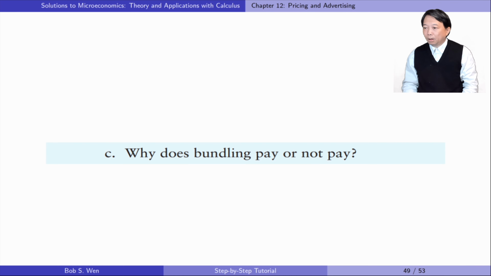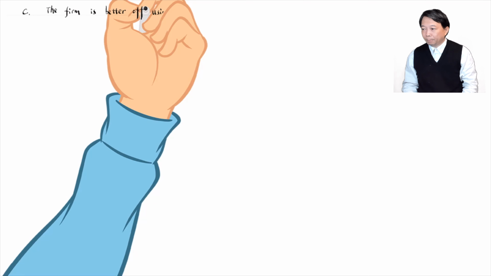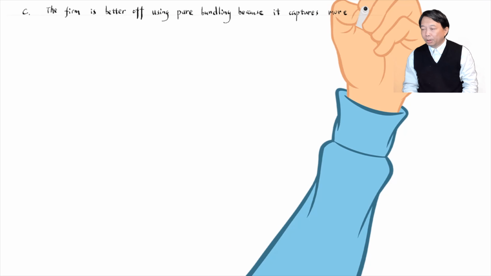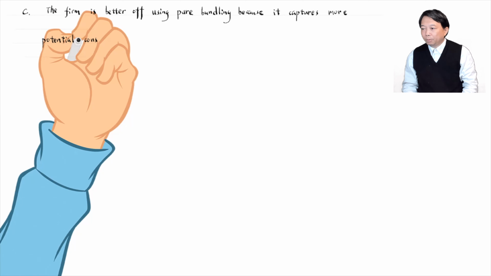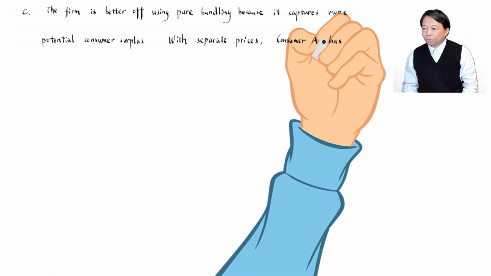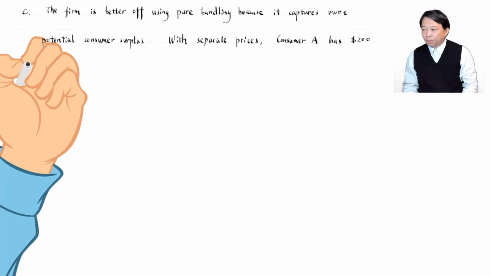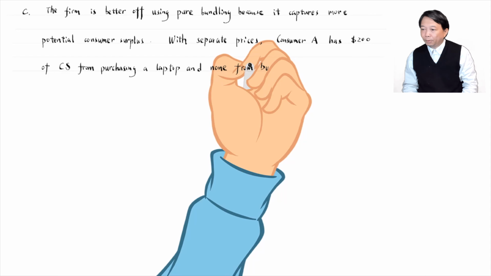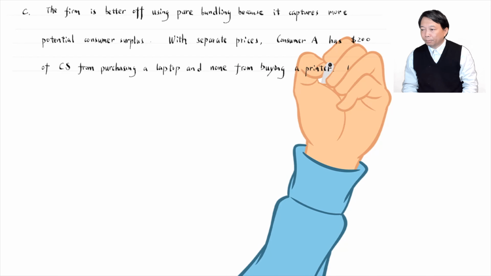In Part C, why does bundling pay or not pay? The firm is better off using pure bundling because it captures more potential consumer surplus. With separate prices, consumer A has $200 of consumer surplus from purchasing a laptop and none from purchasing a printer.